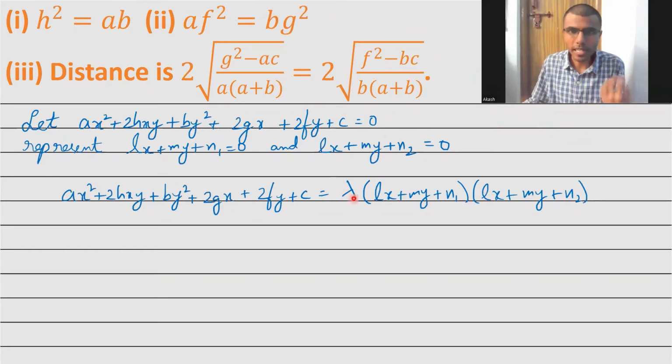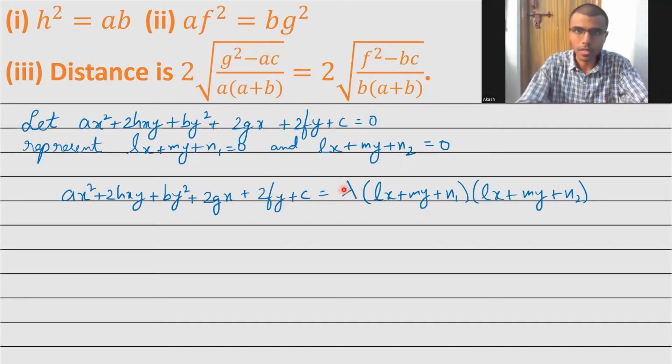Now why did this lambda come? Sometimes this won't match exactly; some factor could be there which will make sure that the two equations turn out to be equal. So that's why this lambda is important. Now next.